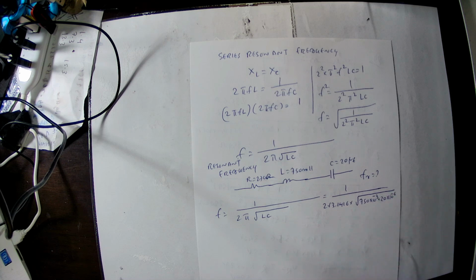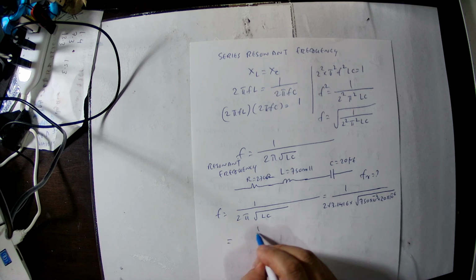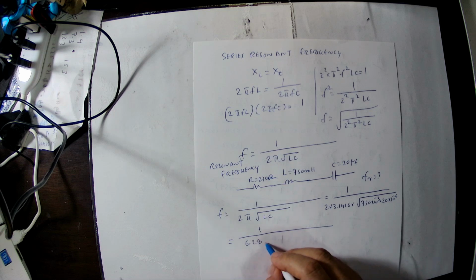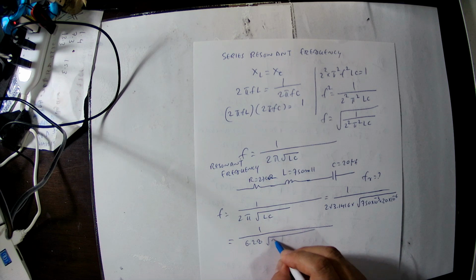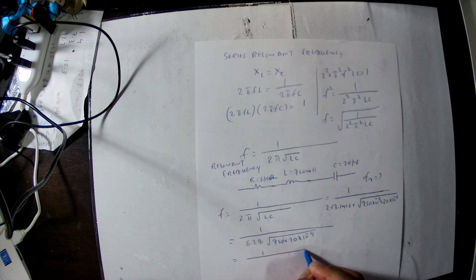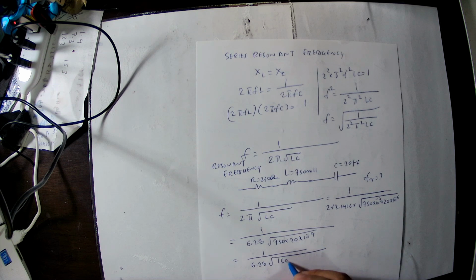So that will be 1 by 6.28 square root of 750 into 20 into 10 power minus 9. So this is 750 multiplied by 20, 15000. So that will be 1 by 6.28 square root of 15000 into 10 power minus 9.